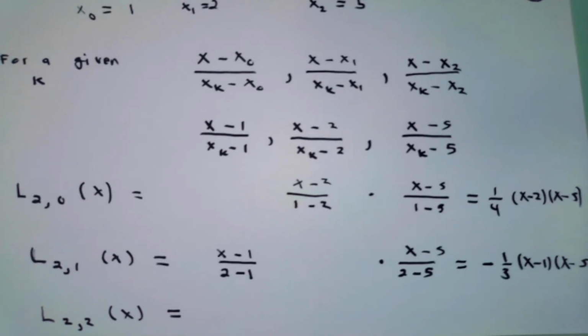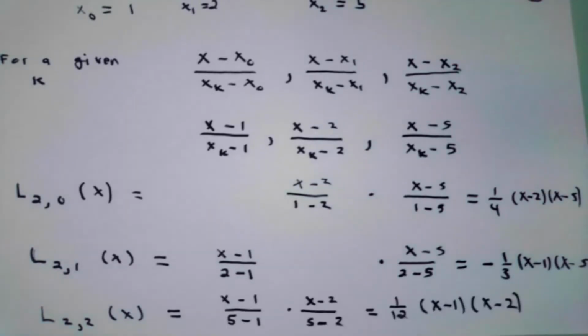L2,1 of x is negative 1/3 times (x minus 1)(x minus 5). And likewise, we can figure out that L2,2 of x is 1/12 times (x minus 1)(x minus 2).